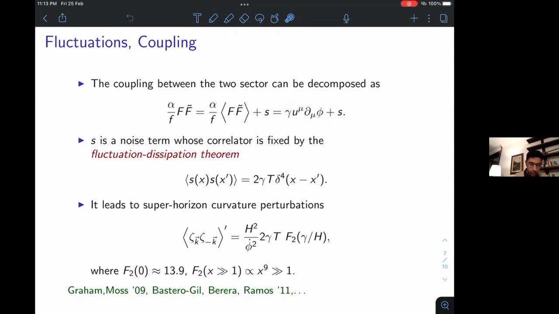And then the fluctuations around that expectation value, that now we will treat as a short distance noise term, about which we only need to know the correlation functions.